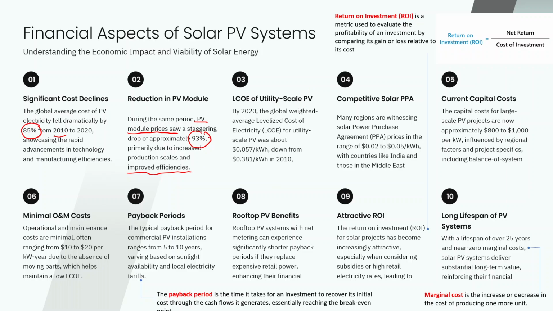Okay, so research is still going on to develop higher efficiency solar PV systems.